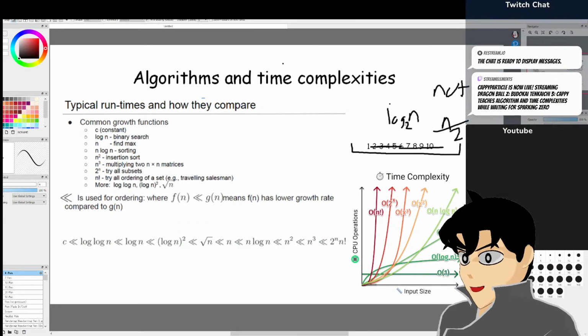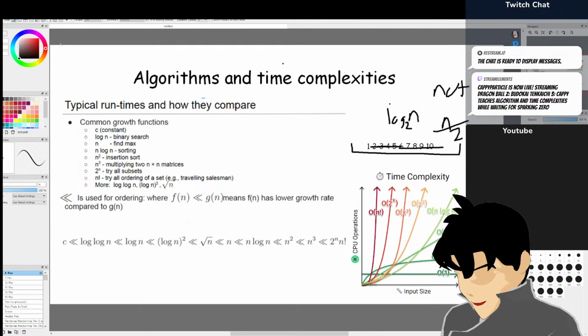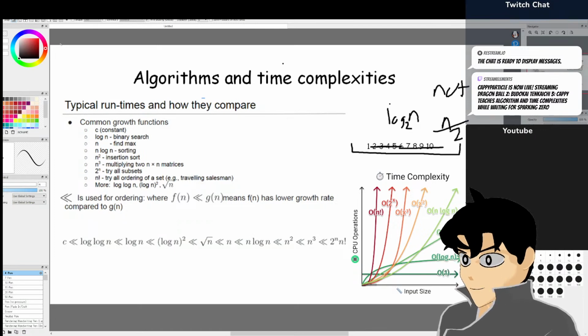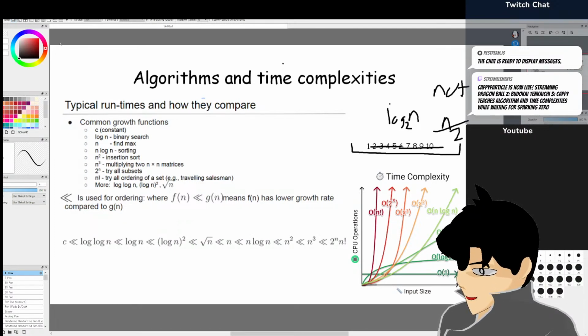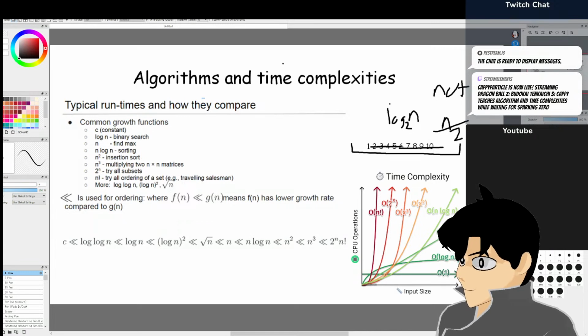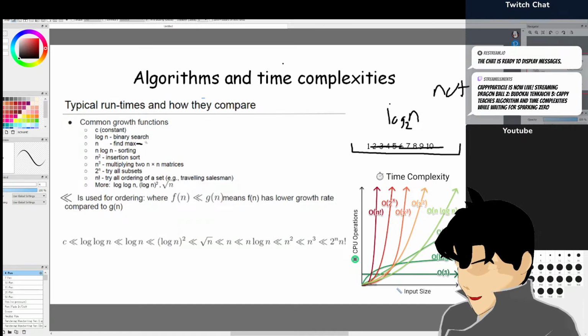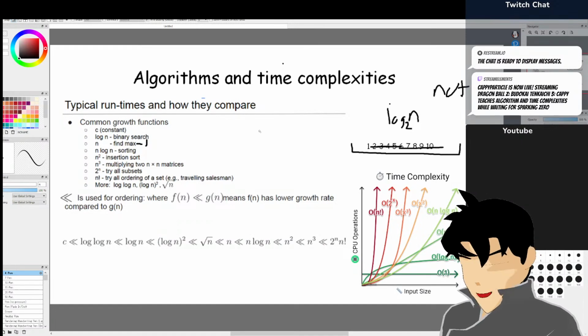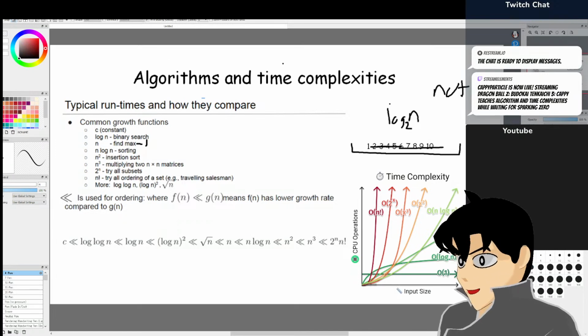Log 2n is basically dividing it by 2 each time it does it. And then n is basically the total, a variable number. So, you go through that list of 10.